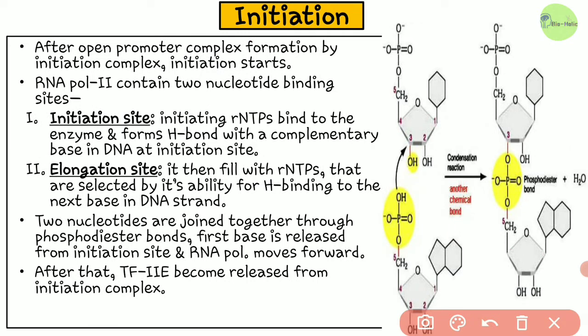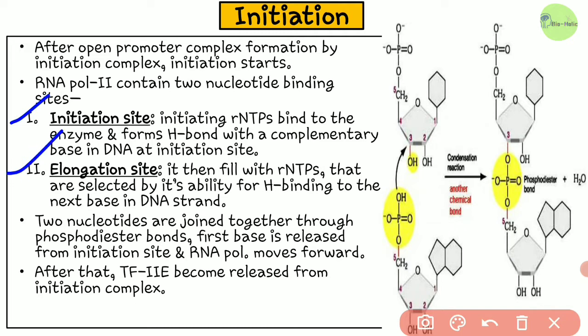Now in the next step, the initiation step, after open promoter complex formation by the initiation complex, initiation starts. RNA polymerase II contains 2 nucleotide binding sites, the initiation site and the elongation site.